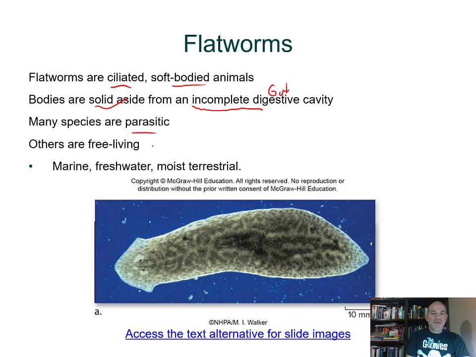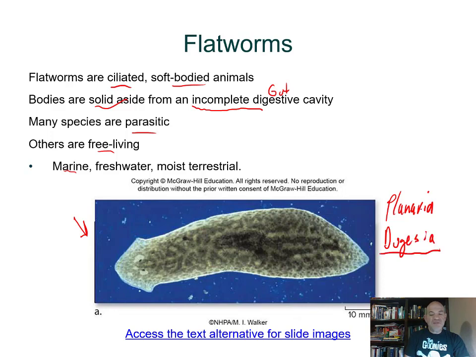Many of these species are going to be parasitic, but many are also free-living. And free-living ones live in marine, freshwater, and even moist terrestrial habitats. This is a freshwater flatworm, commonly called planarian or planaria. And the genus, at least, used to be Dugesia.